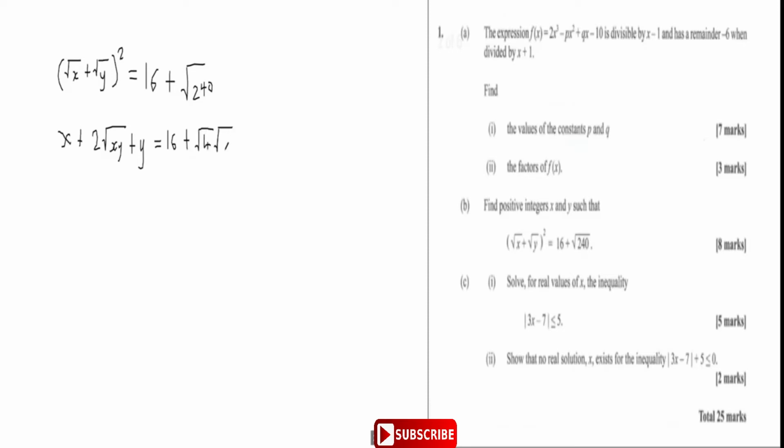All right, nice. Now I noticed that I have something on the left without a square root and something with a square root, and over here too.